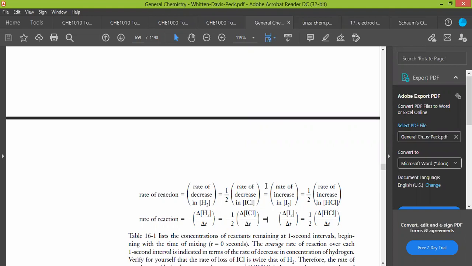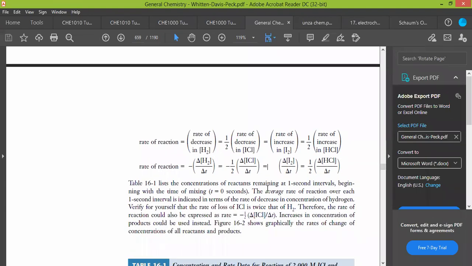So what we've said is that the rate of the reaction is happening as the concentration is changing in a given time. Now, apart from that, we have what is known as average rate.